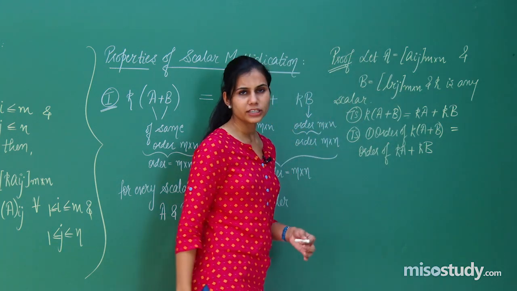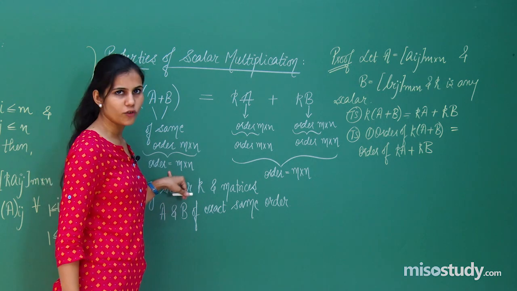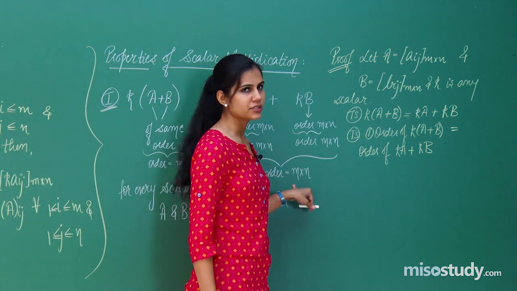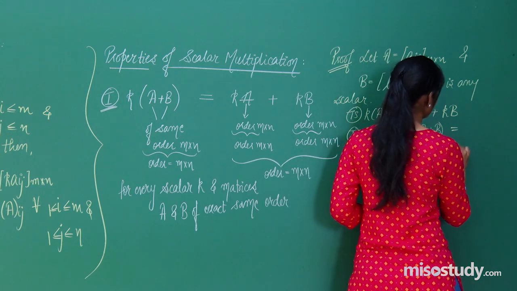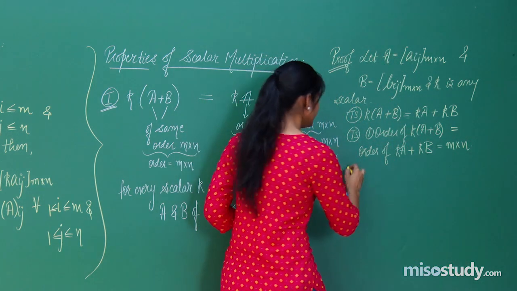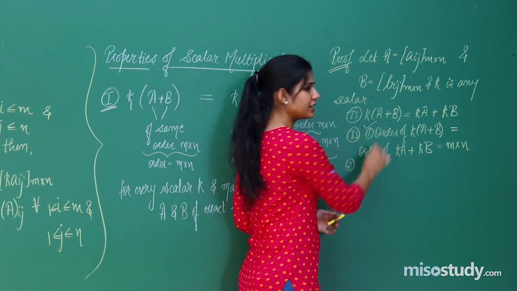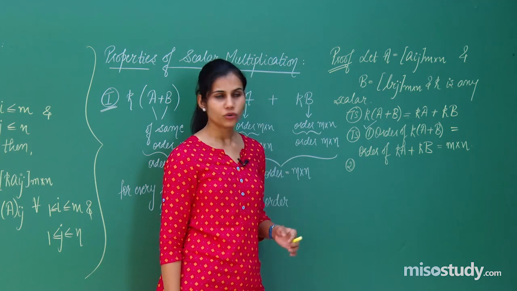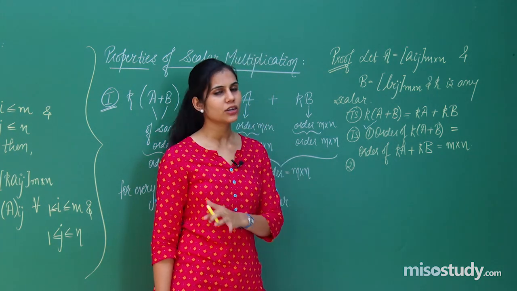This is not something we need to show because we have already verified here that LHS matrix is of order m cross n and RHS matrix is again of order m cross n. So order of these two matrices is exactly the same, and that is m cross n. Next thing to show is that the elements sitting in respective positions in both these matrices are also same.